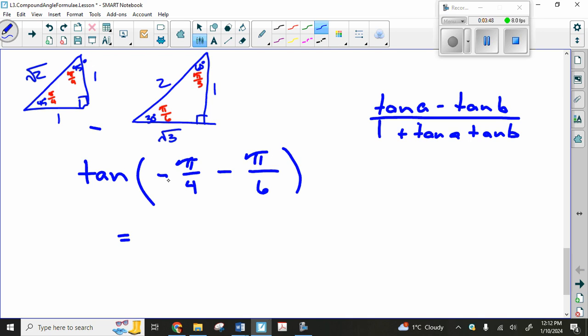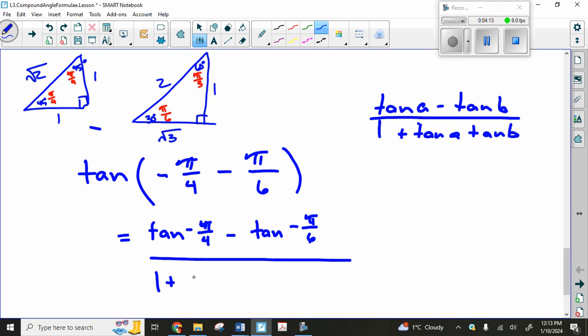But if it's a negative 45, one of them would be negative, so negative 1. So tan of A, which would give us tan of negative pi over 4, minus tan of negative pi over 6, all over 1 plus tan pi over 4 tan pi over 6.